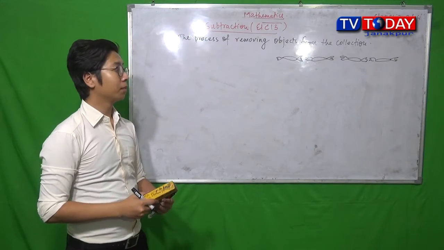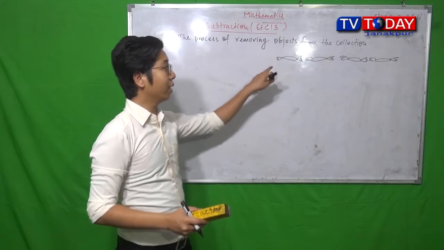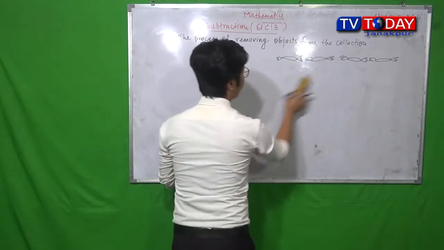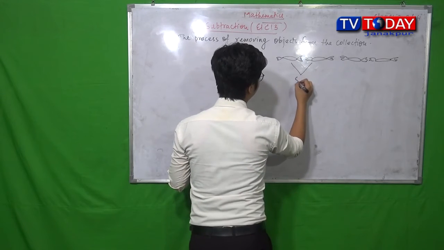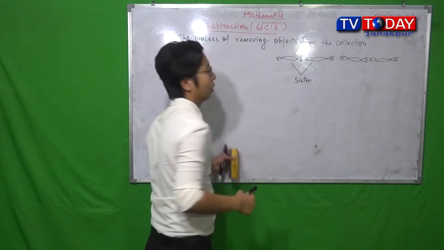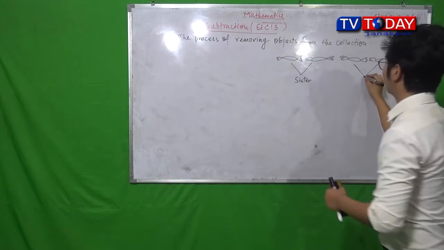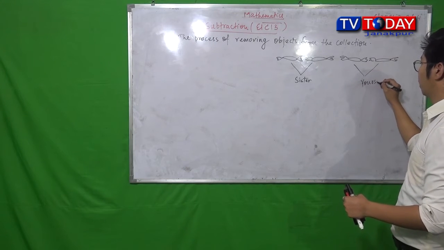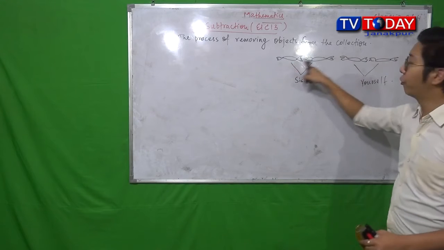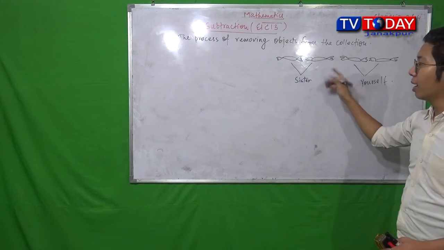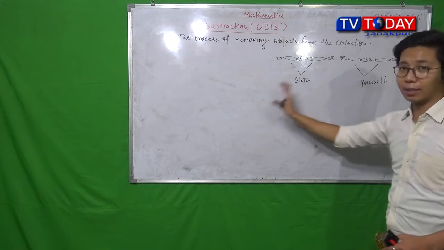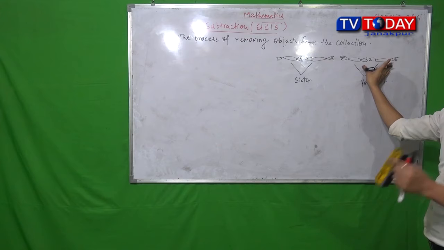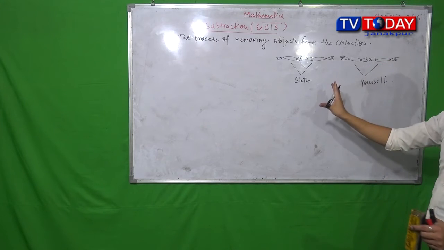You have given 2 of them to your sister, and you have how much left with yourself? You have 4 chocolates. You have given 2 chocolates to your sister, and you have now how much? 2 remaining with yourself. This is the process of subtraction.